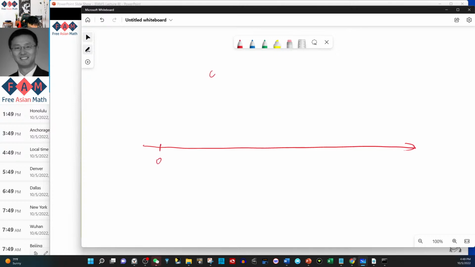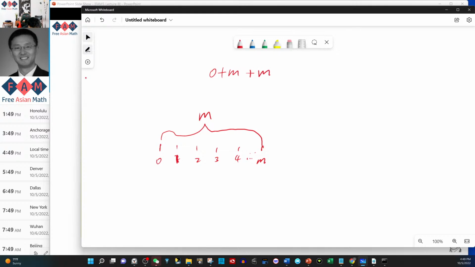If you have 0 plus m, you start at 0, you count it 1, 1, 2, 3, 4, until you get m. So this is m. Now, if you want to add another m, clearly you just continue to count forward, so that you just add, starting from m, you count another copy of m.